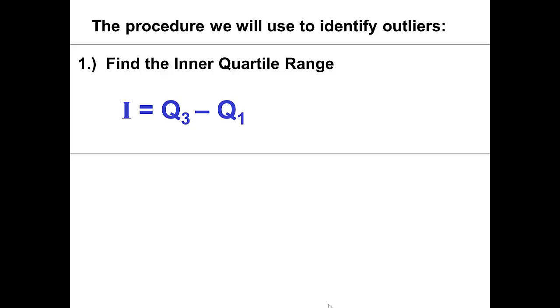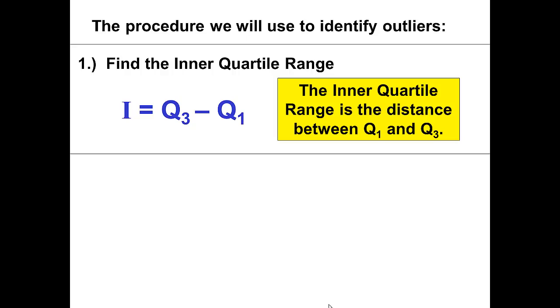I equals Q3 minus Q1. The interquartile range equals the third quartile minus the first quartile. It's the distance between the two quartiles. Subtract Q3 minus Q1.